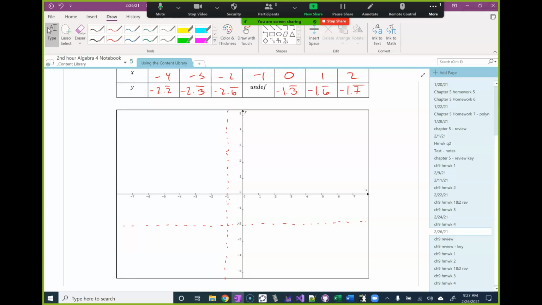Okay, so let's go ahead and plot stuff. So I have -4 and then -2.2, maybe about there. And then -3 and -2.3 is maybe like there. And then -2 and -2.6 is maybe like there.